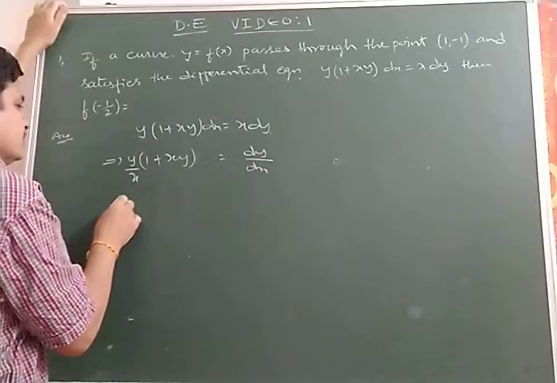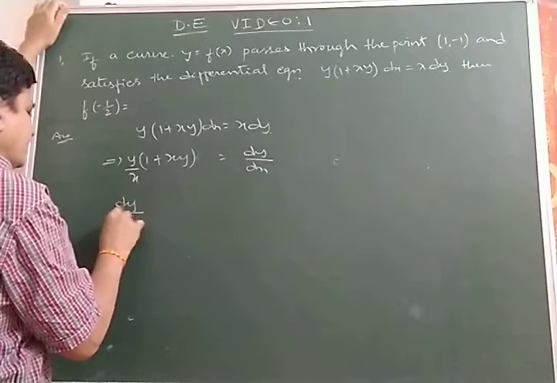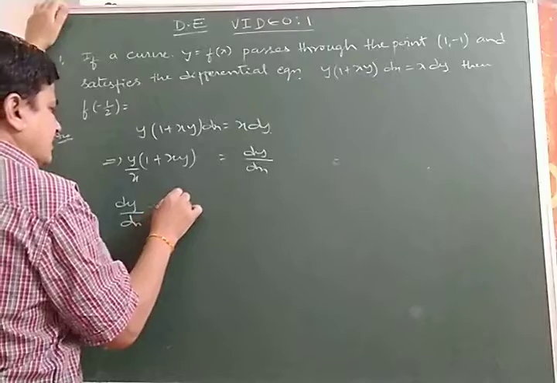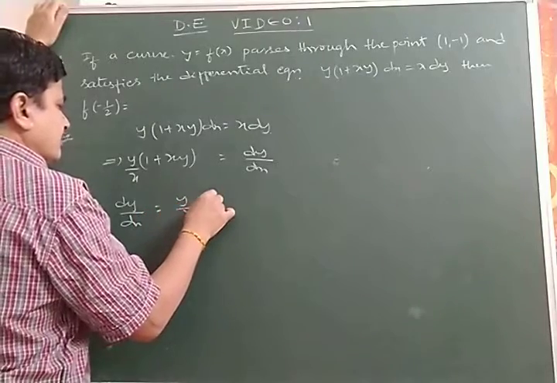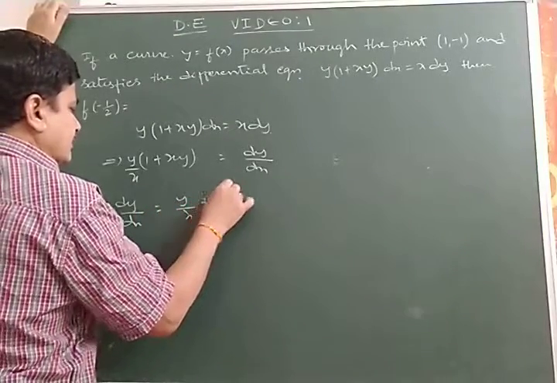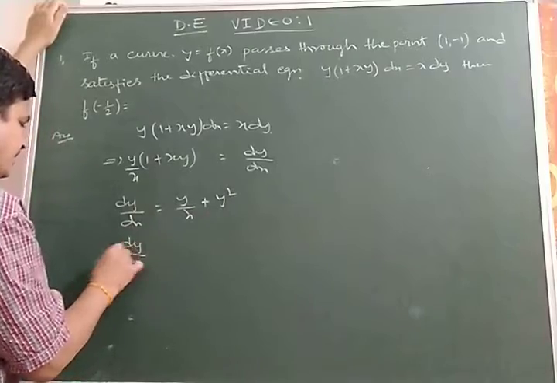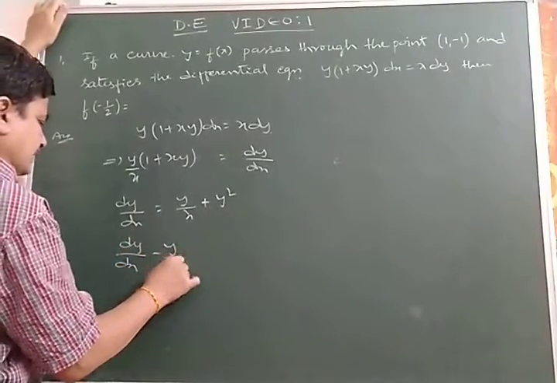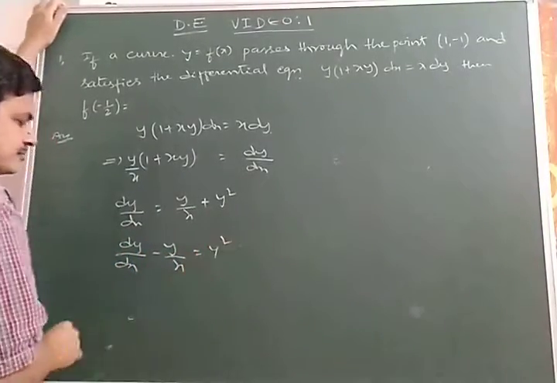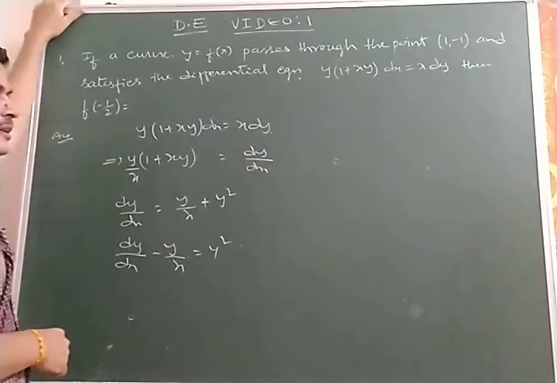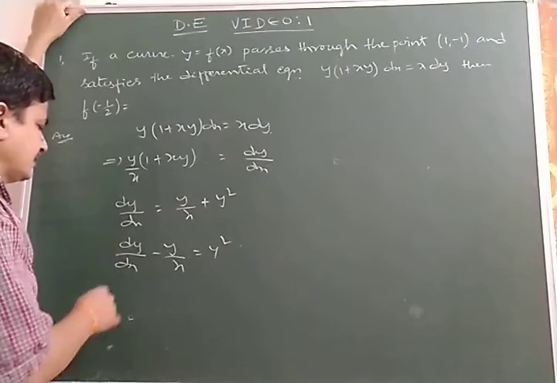Therefore dy by dx is equal to y by x plus y square. Now dy by dx minus y by x is equal to y square. Now this is the linear differential equation in x.